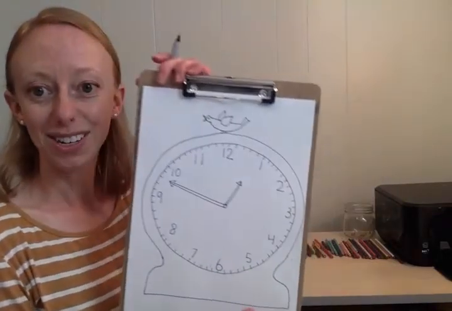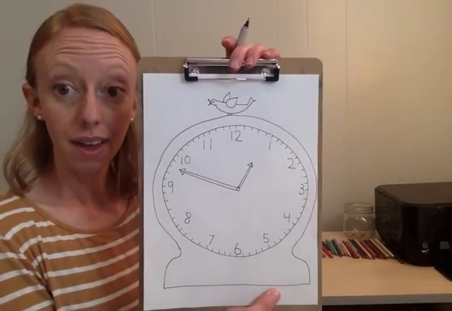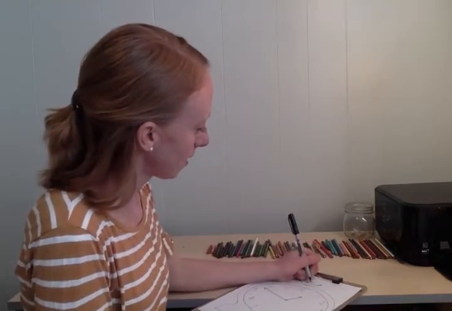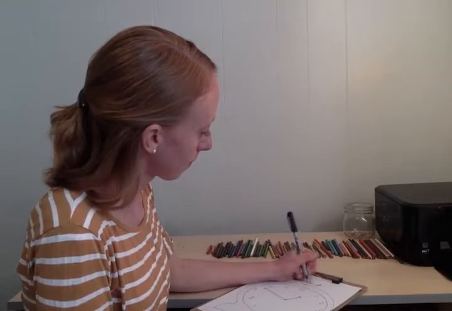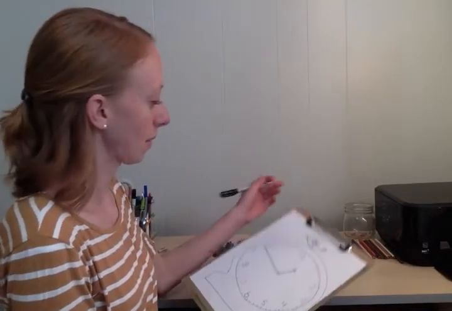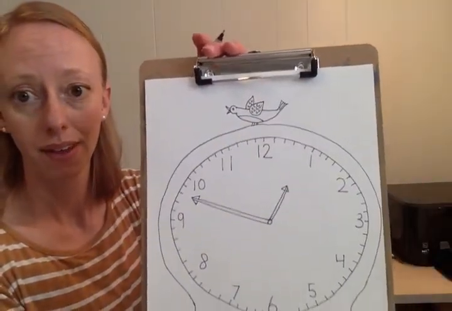Okay, there's my fun little bird. And then I think what I'll do next is just take some time to add details. So I added a few details to my bird.